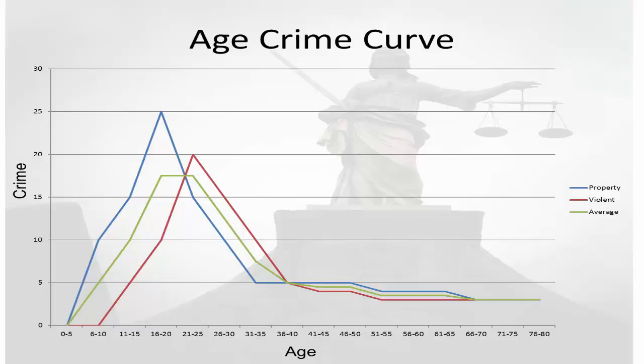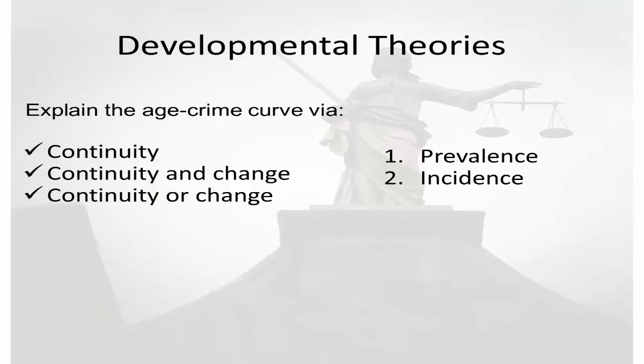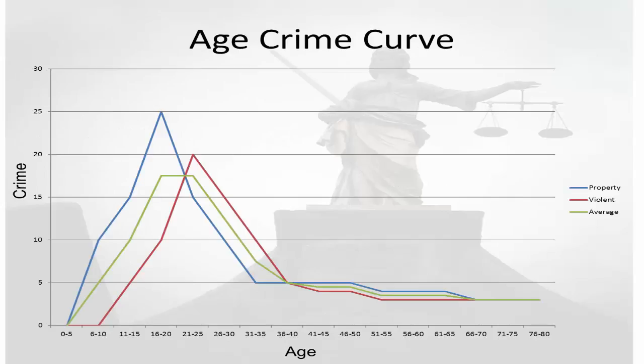And so there is some stability in criminal offending over a life course. Those individuals tend to indicate that the incidence of offending can explain this dip in crime, that people begin to commit fewer crimes. They still commit crime, but just fewer of them.